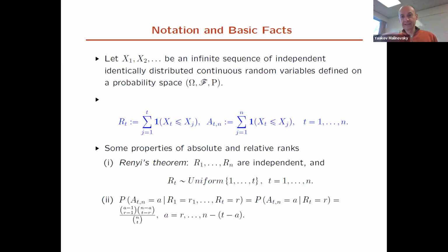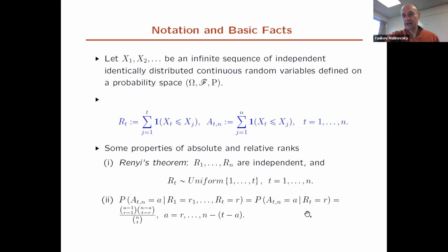And the second result, which is a straightforward calculation, more or less using Bayes formula: the probability that the absolute rank at time t among n equals a, given all the history of relative ranks, only depends on the relative rank. It's very intuitive.